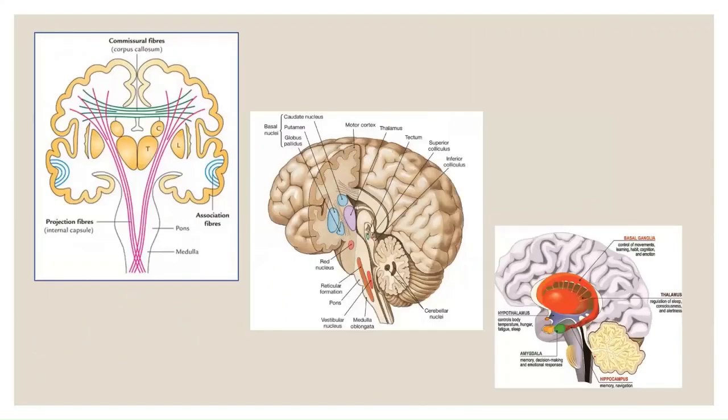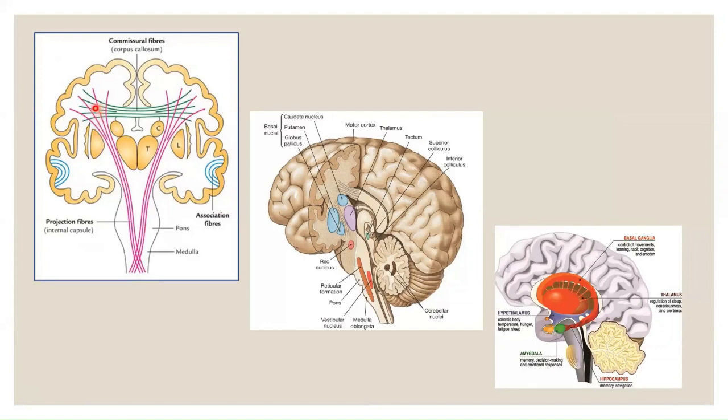And then, if we talk about commissural fibers or connections between the different parts of the brain, you have different types of these fibers. Within the same side of the brain, you have association fibers like this. And then connecting the two halves of the brain, you have the commissural fibers.